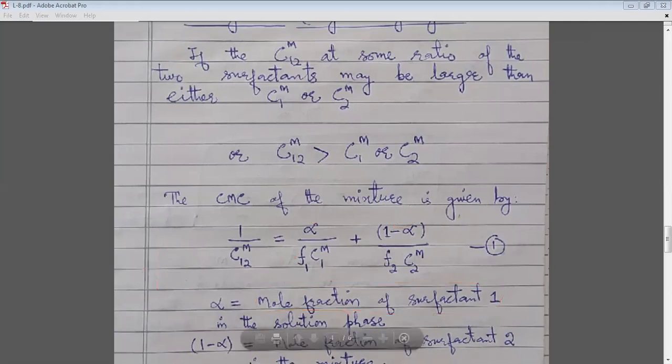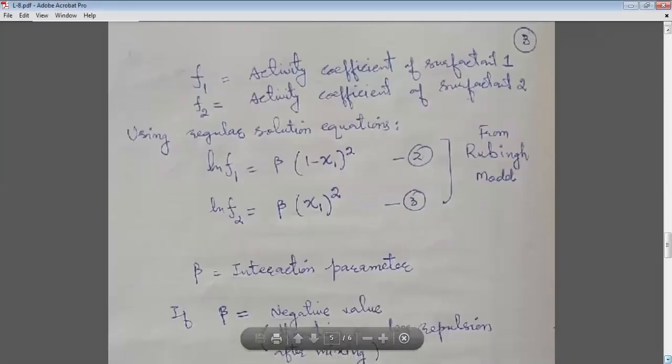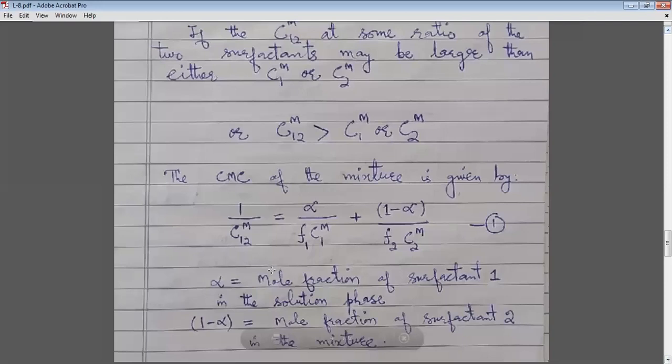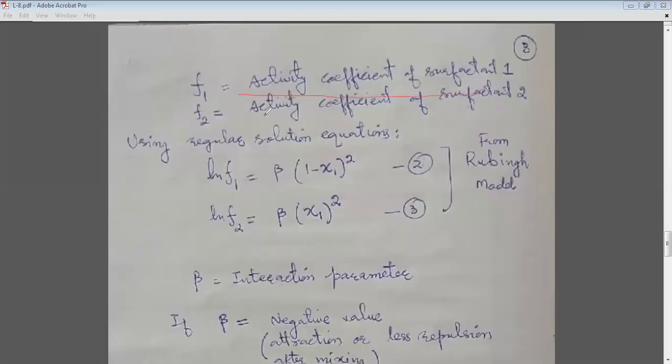I have explained these terms here, the different meanings of these. Alpha is the mole fraction of surfactant 1 in the solution phase, and 1 minus alpha is the mole fraction of surfactant second. Here also, F1 is the activity coefficient of surfactant 1, F2 is the activity coefficient of surfactant second.